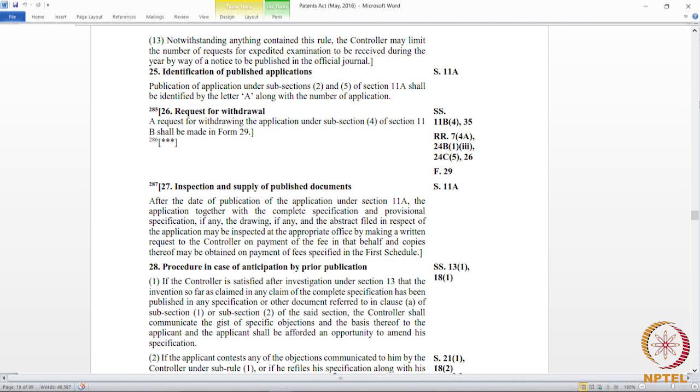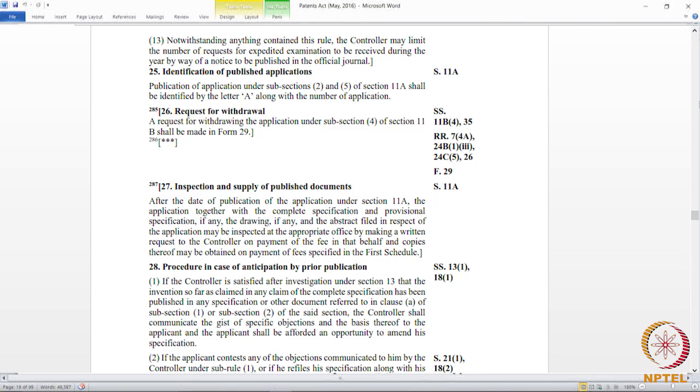So, form 29 is the form that you would use for any withdrawal, and that we get from the language of 11B4, that you can withdraw the application at any time after filing, but before grant, and for that there is a common form, that is form 29.